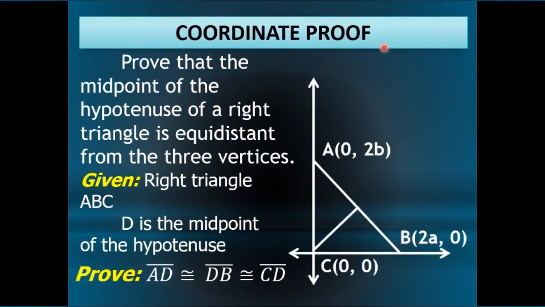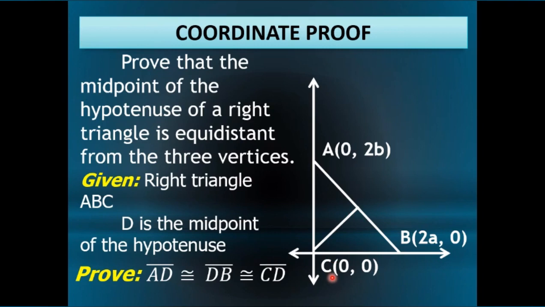So here is our figure. We say that this right triangle ABC has a midpoint at point D.